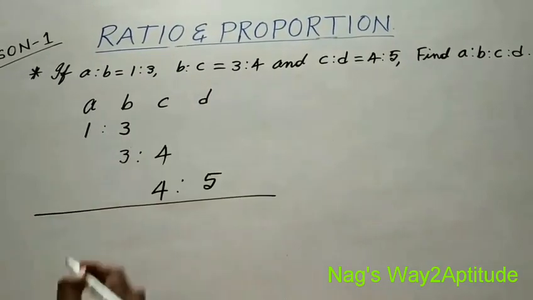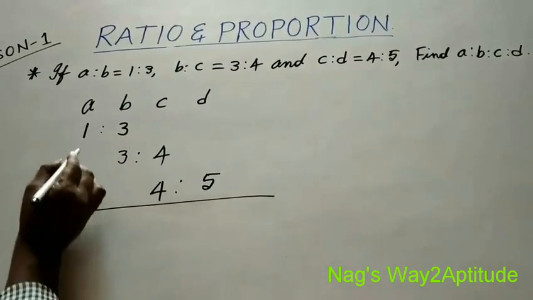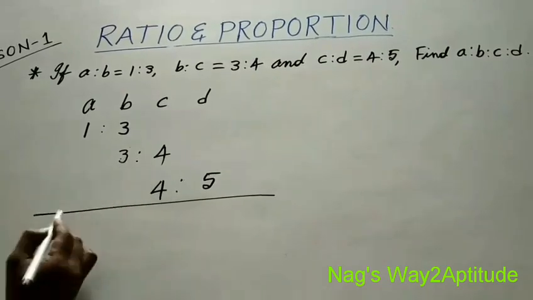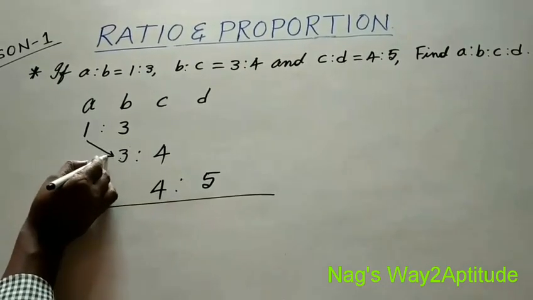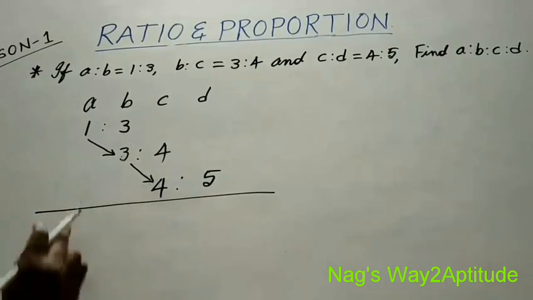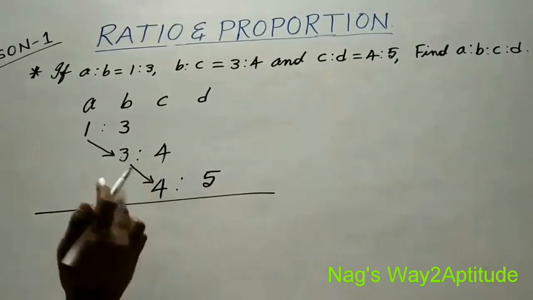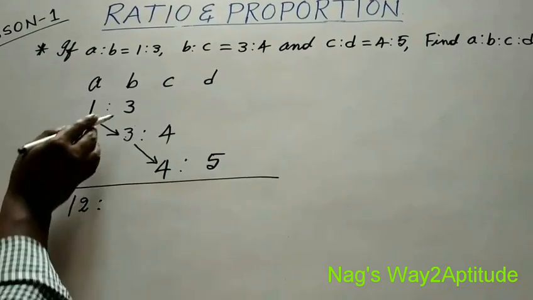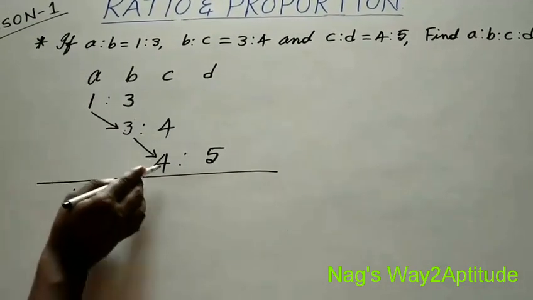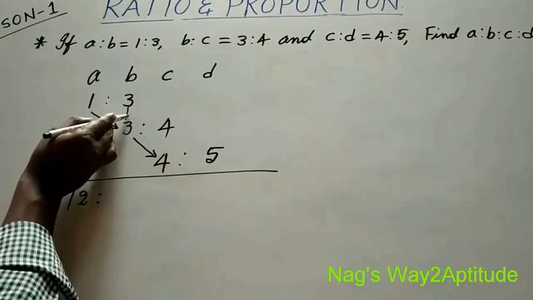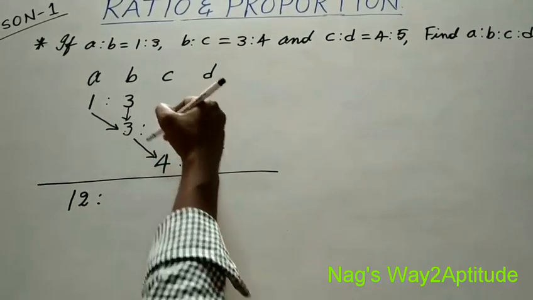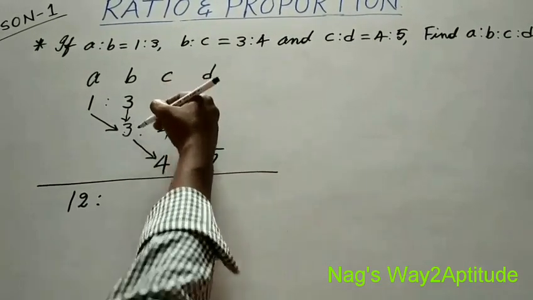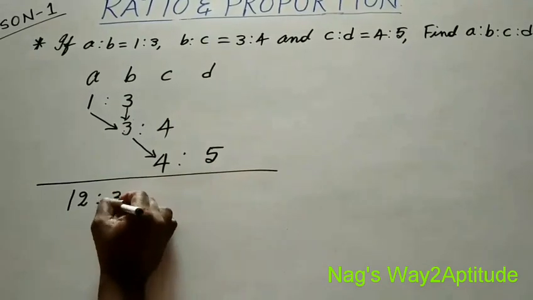After writing like this, you simply multiply these 3 terms, 1, 3 and 4. 1 3s are 3, 3 4s are 12 is to, now you multiply these 3 terms. 3 3s are 9, 9 4s are 36.